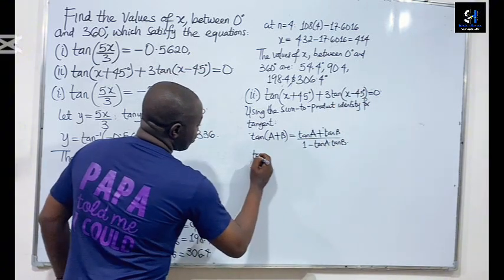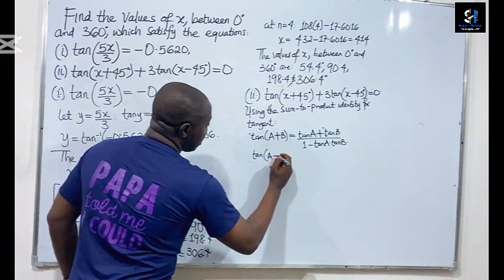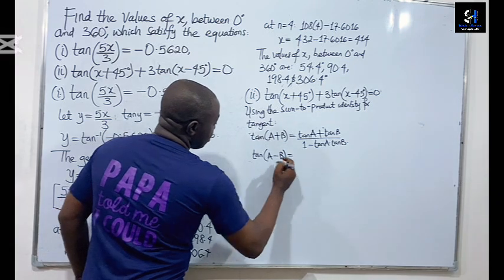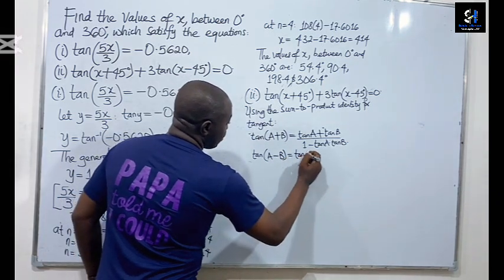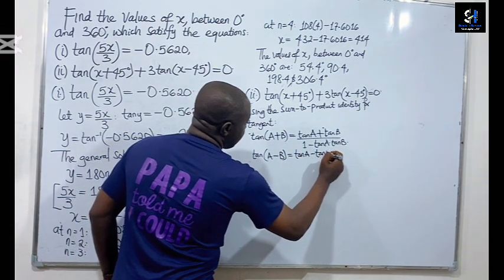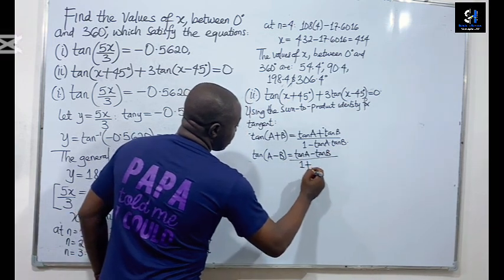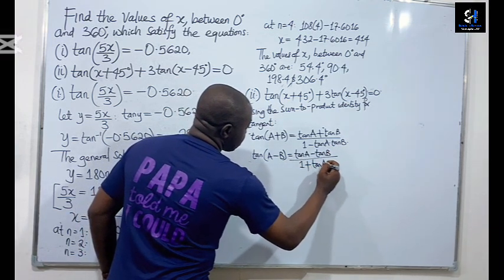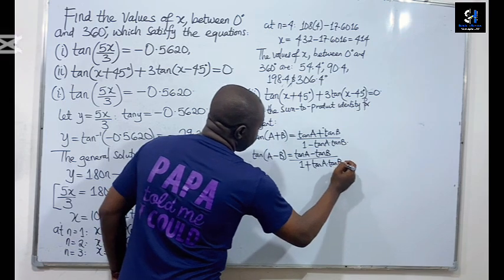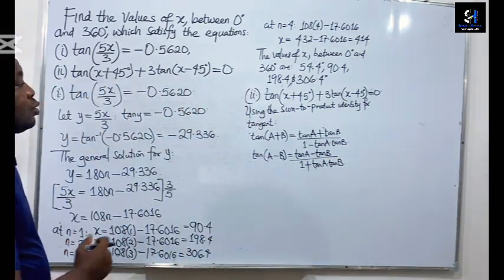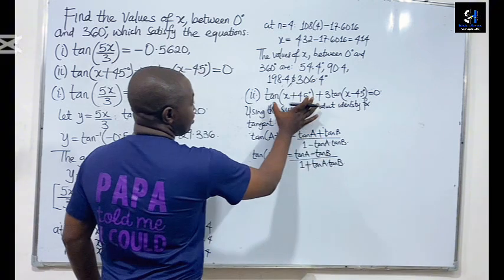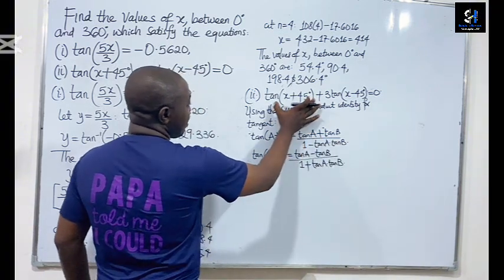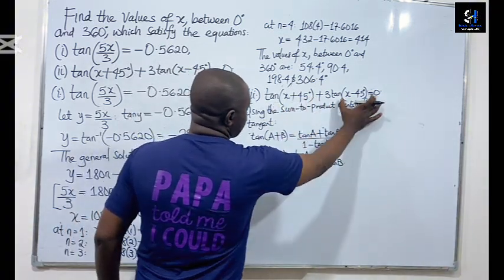Okay, for the difference, we have tan(a - b), which will be equal to (tan a - tan b) over 1 plus tan a multiplied by tan b. So I'm going to use this identity to expand this, and this other one to expand this.